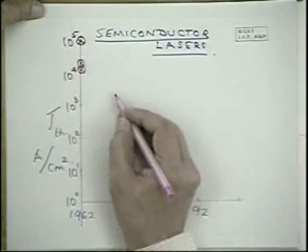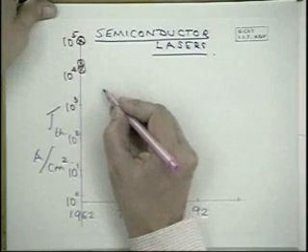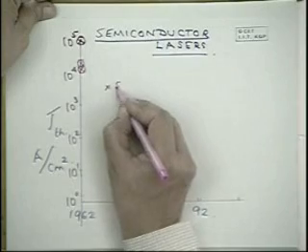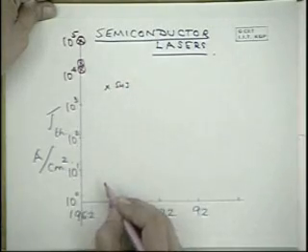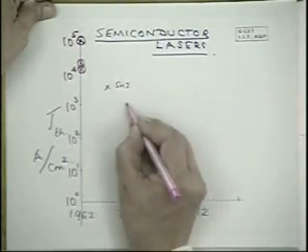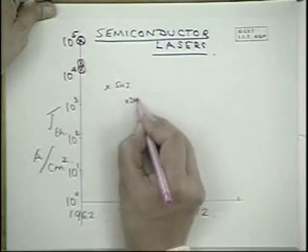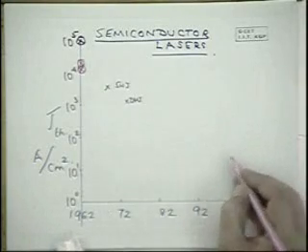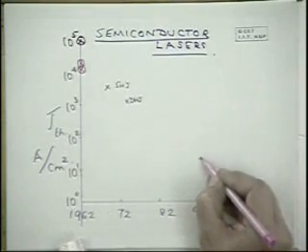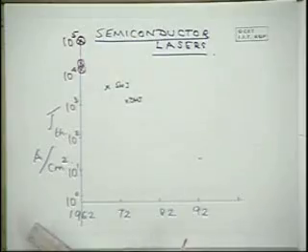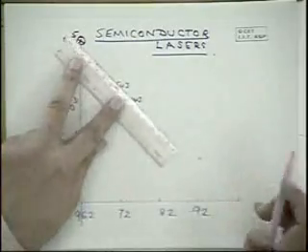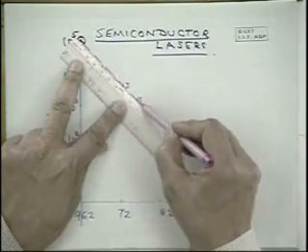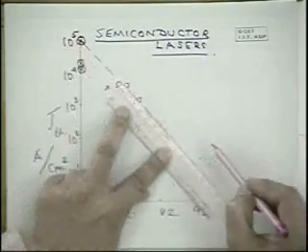For single heterojunctions, in the mid 60s, we had a single heterojunction device there. Then we had a double heterojunction device somewhere there. And if I draw the final curve, it will look something like this.